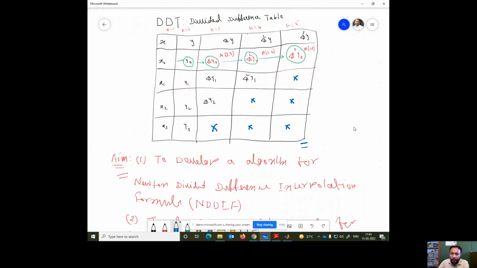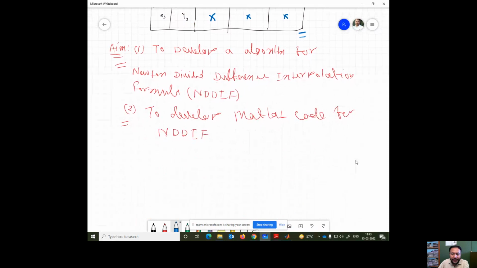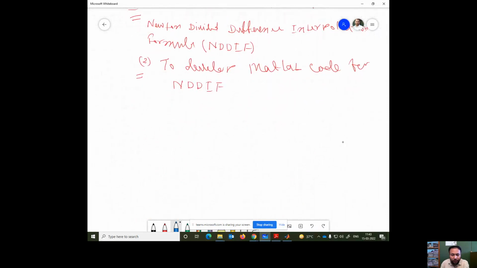Now, first aim. What is the formula for us? We need to understand the Newton divided difference interpolation formula.